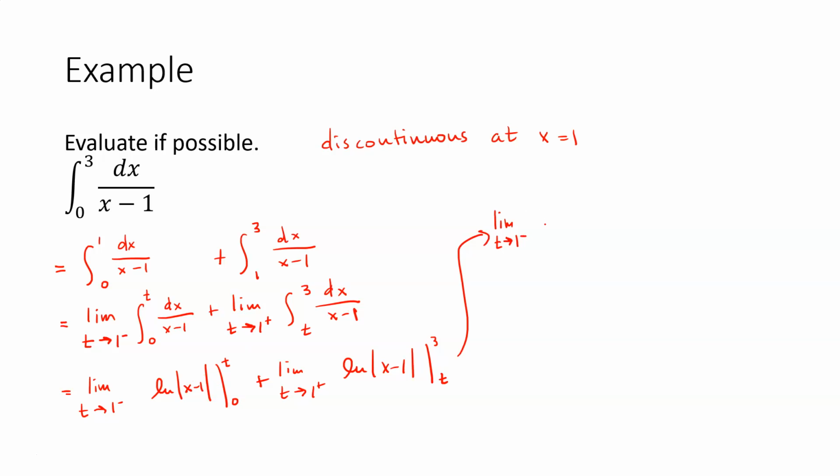Here, ln of the absolute value of t minus 1 minus ln of the absolute value of 0 minus 1. That's the absolute value of negative 1, which is ln of 1, which of course is 0. And this will be ln of 3 minus 1, so ln of 2, minus ln of the absolute value of t minus 1.